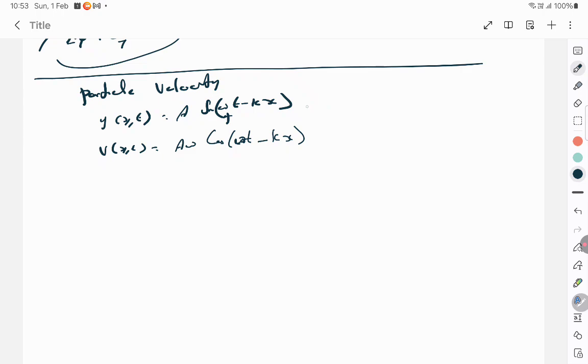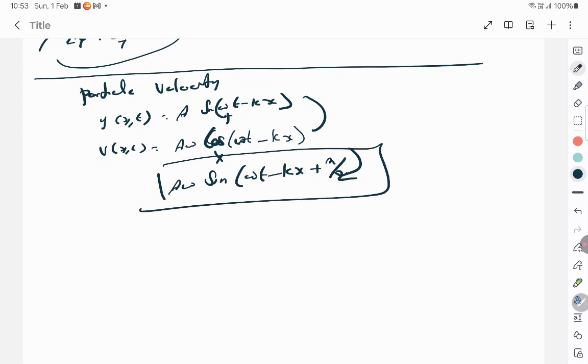But you can't compare a sine with a cos. You can only compare a sine wave with a sine wave. So you can write this as sin(ωt − kx + π/2), because velocity in physics is always ahead of the position by 90 degrees. So this is one way in which we can express velocity to show that velocity is ahead of displacement, which is this position vector, by 90 degrees.